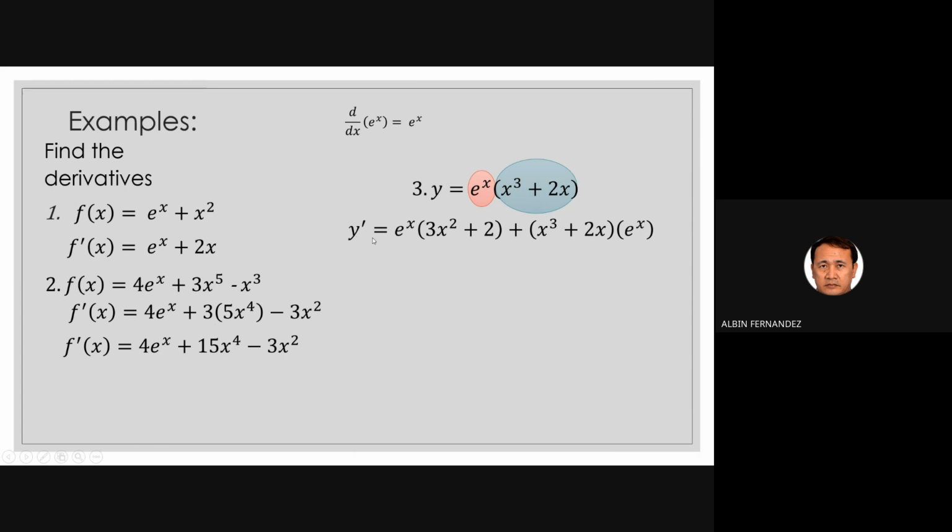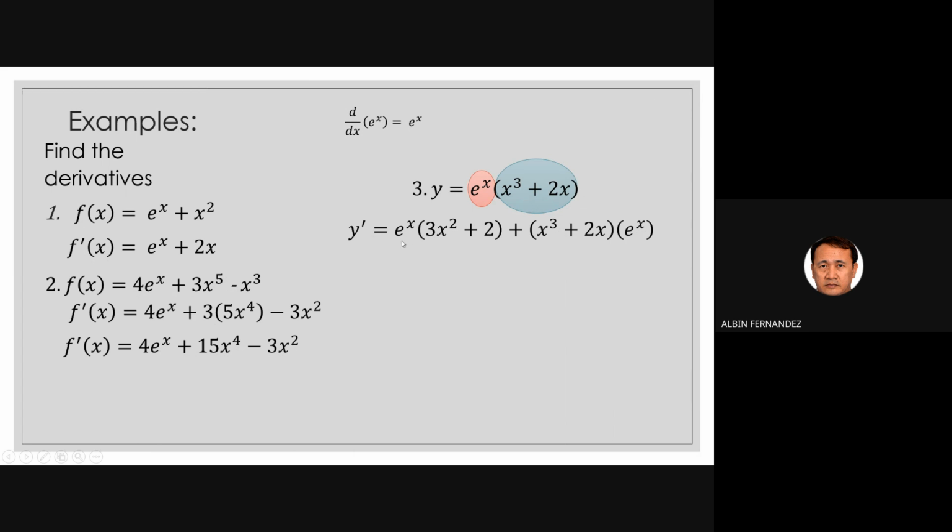So for y prime, that will be e to the x times the quantity of the derivative of the second function. So the first function is copied. Derivative of the second function is 3x squared plus 2, plus the second function is copied times the derivative of the first function, which is e to the x.